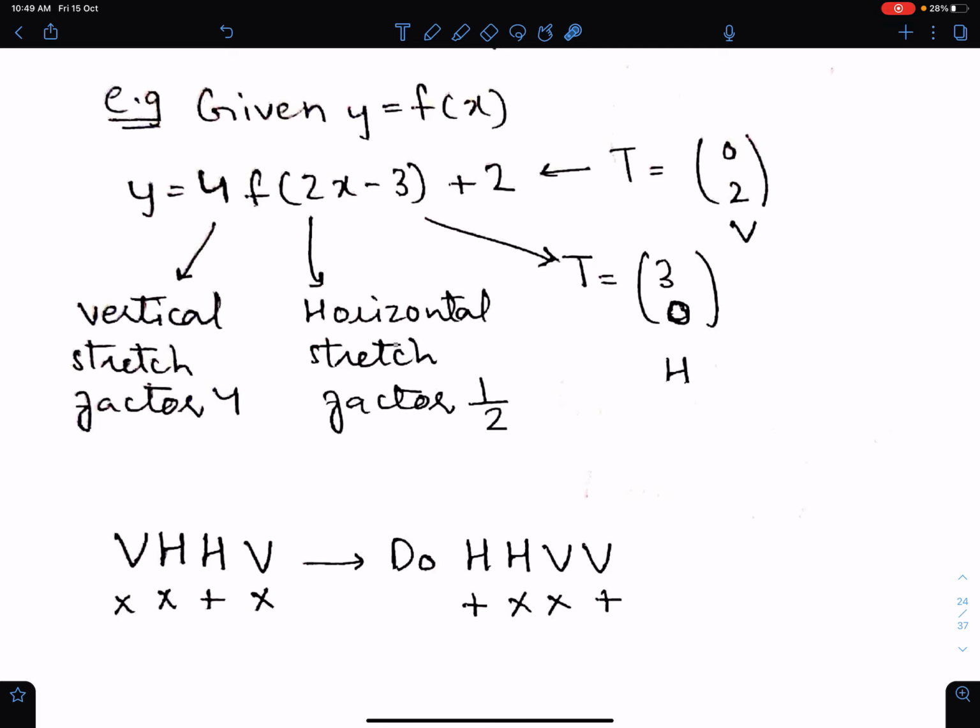First, apply this vector. When you apply this here, you'll get x minus 3. In fact, you have to first apply this thing, 2x.